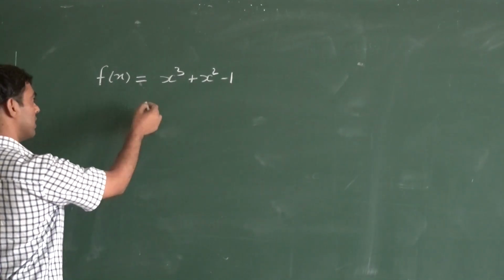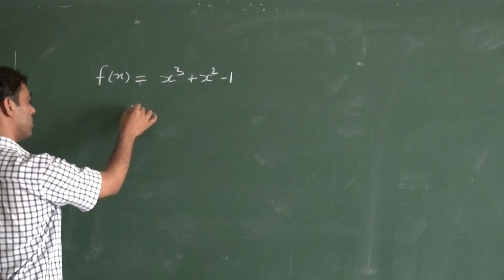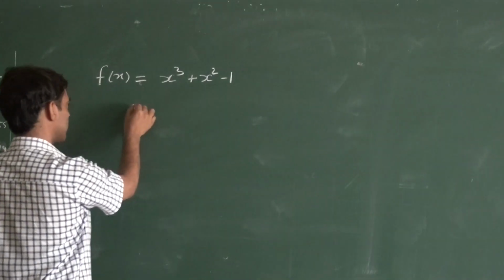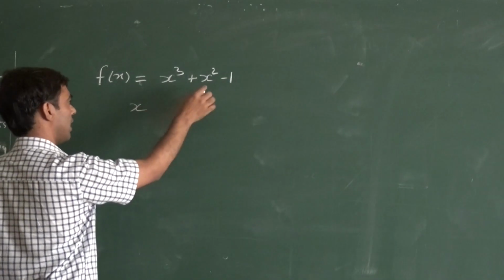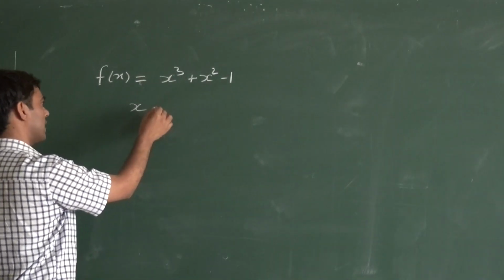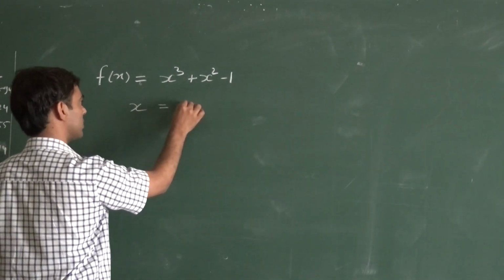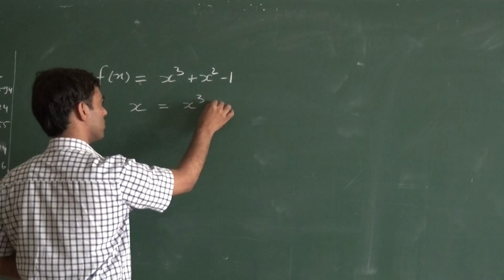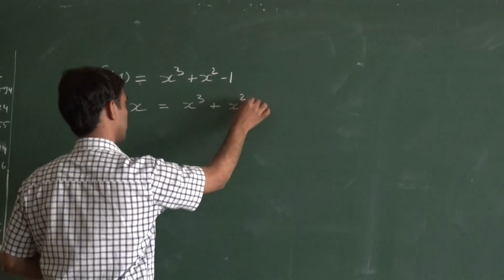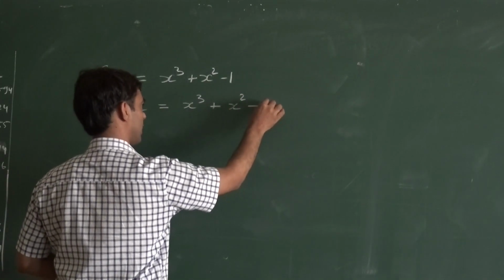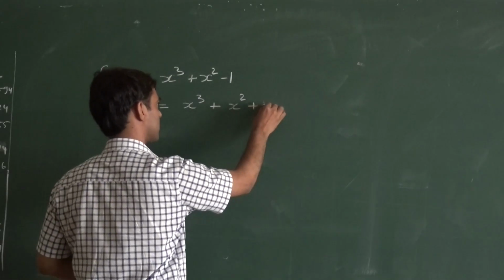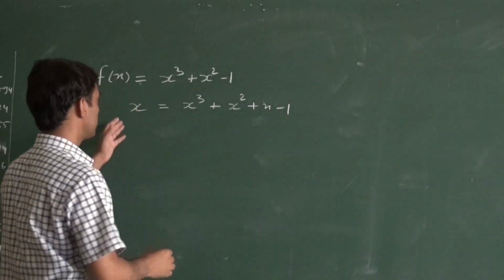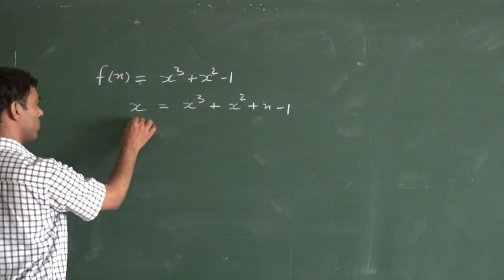For example, here we add and subtract x, then x equal x cube plus x square minus x plus x minus 1. So this is one form of x equal phi x.